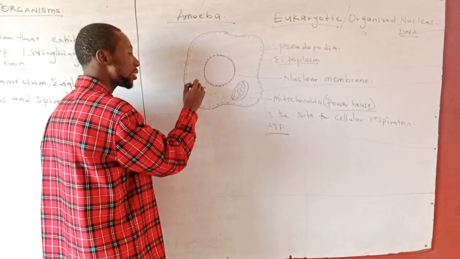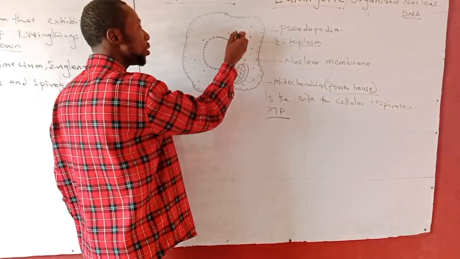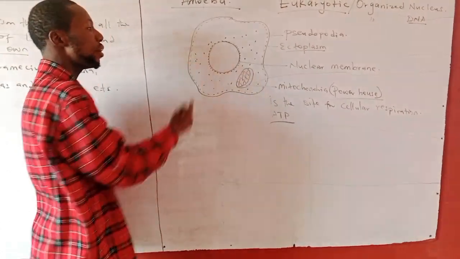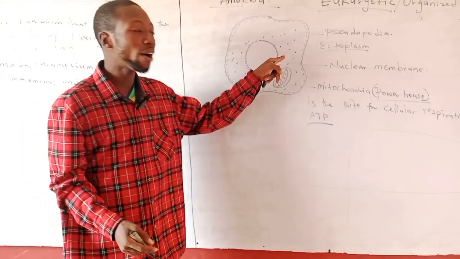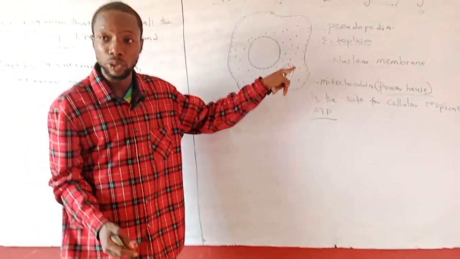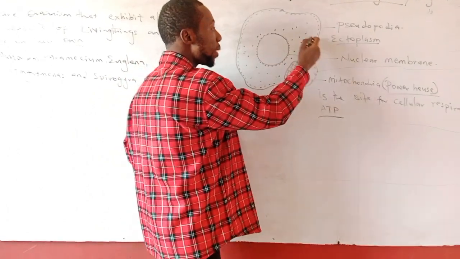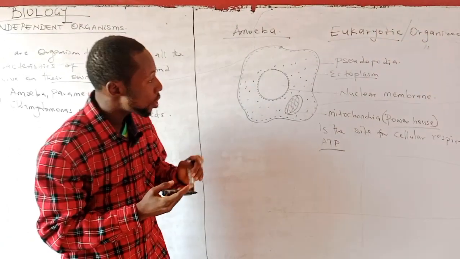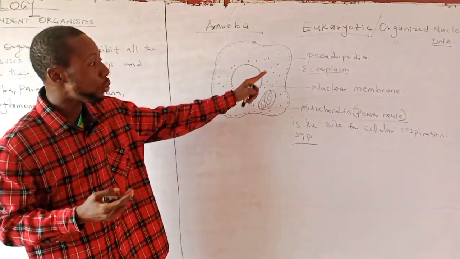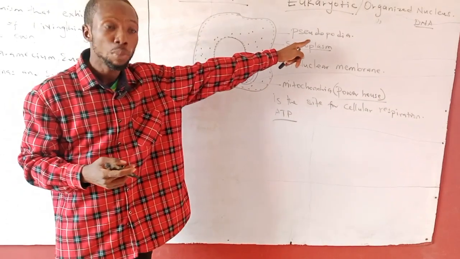This part of the cell is known as the cytoplasm, the liquid in the cell found outside the nucleus. The ectoplasm protects the internal organelles of the cell and is also responsible for formation of the pseudopodia.